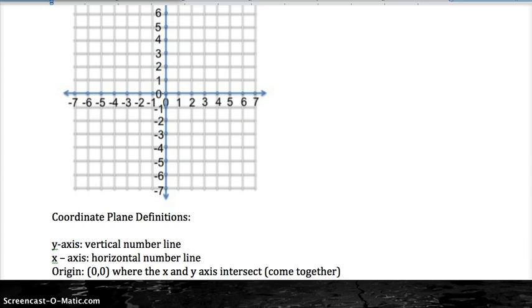Okay, so those are the three definitions that you need to know for the coordinate system and the ordered pairs.